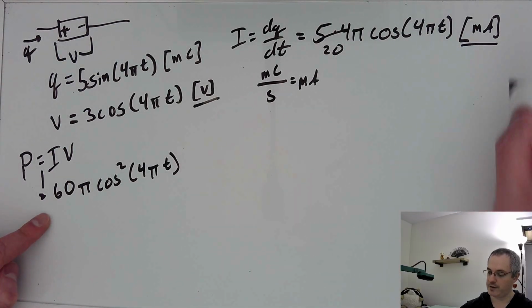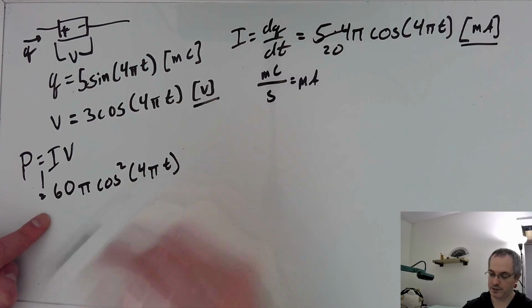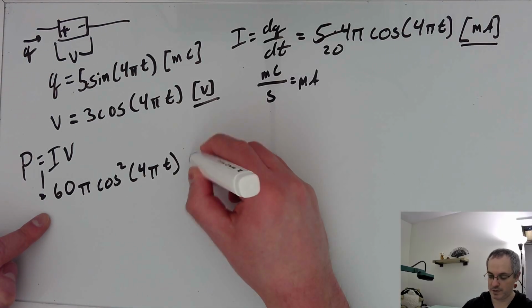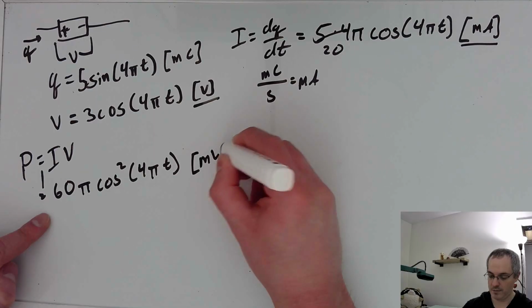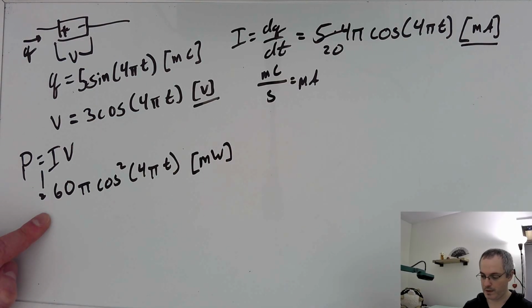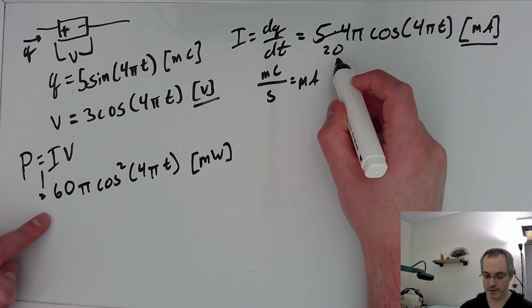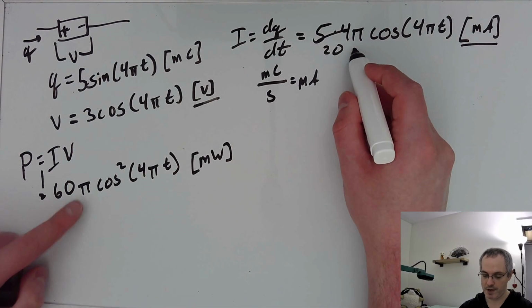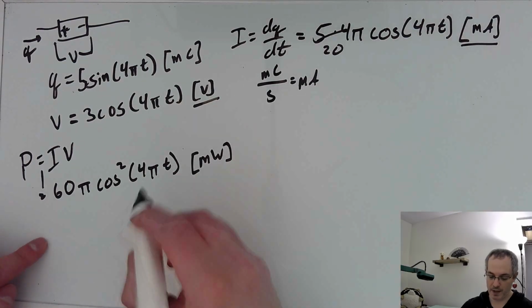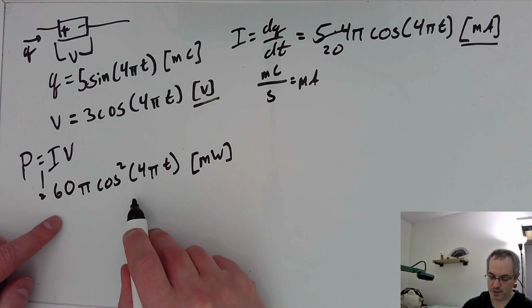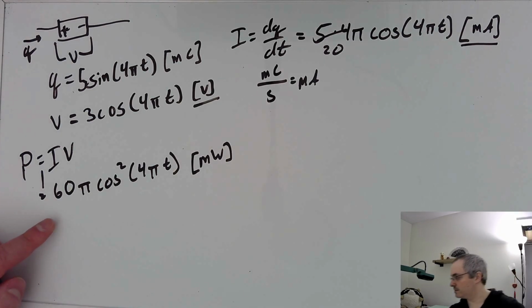Volts is the regular unit, milliamps is the prefix unit. They're multiplied, so it just carries over, and we'll get milliwatts. Yeah, we didn't miss anything, right? 20 and 3 is 60, pi, cosine, yeah. Okay, so then where'd it go?